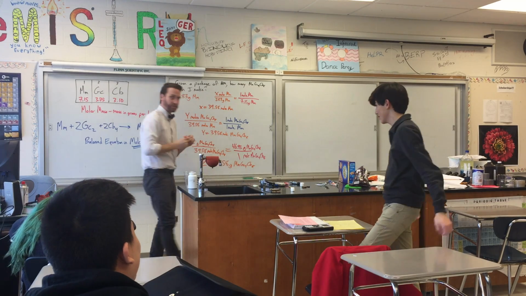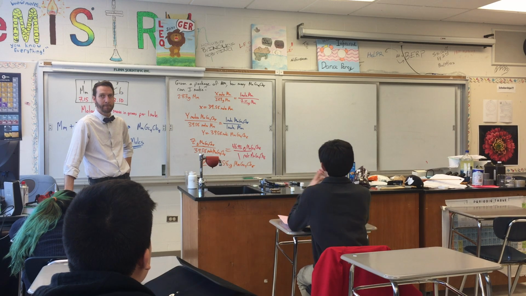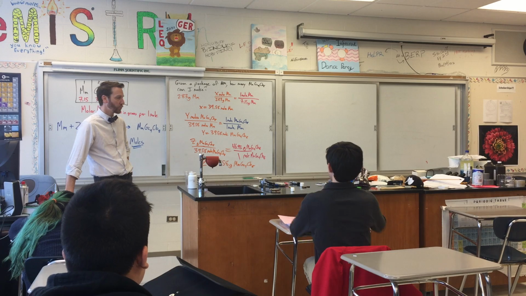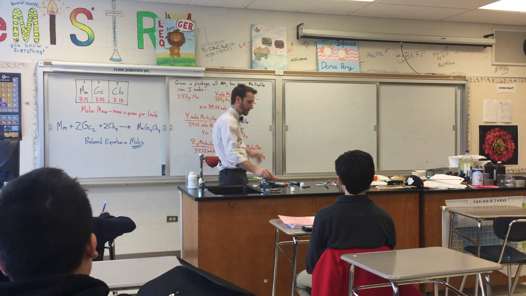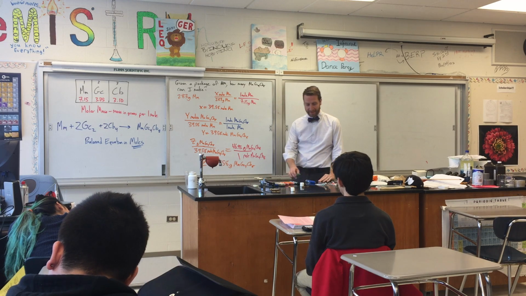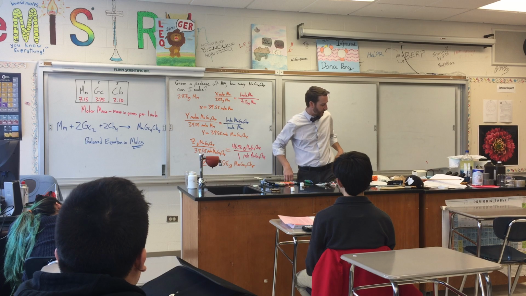Yeah, Jonah. All right. So that's how much we're going to make, right? In grams. Wrong. Now there's a problem. The problem is we have not factored in any of our other ingredients.